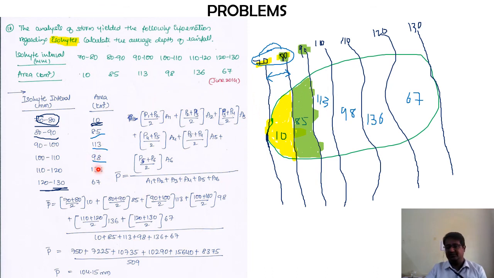If you know the basic concept, you can derive that formula and utilize it for your calculations. So this is the first problem we have solved on the isohyetal method. In the next session we'll calculate various different ways using the isohyetal method itself.